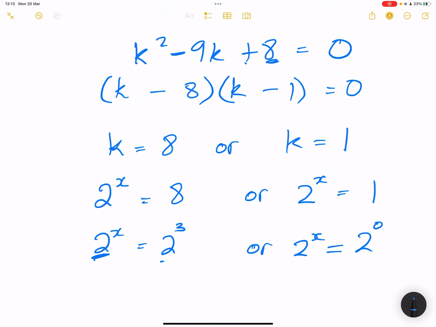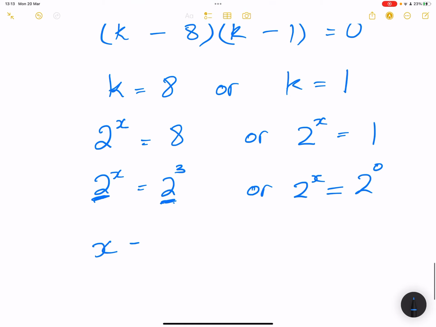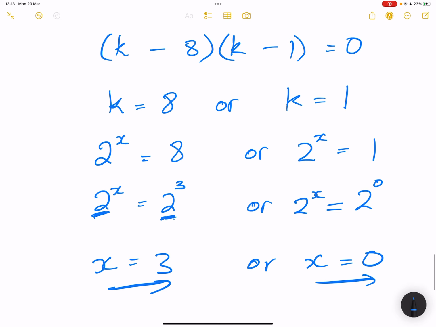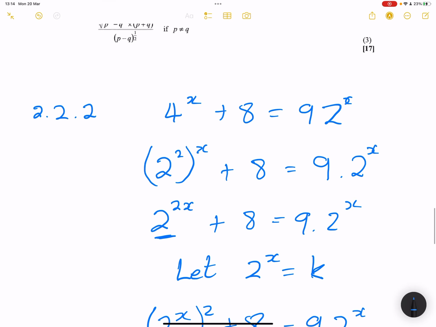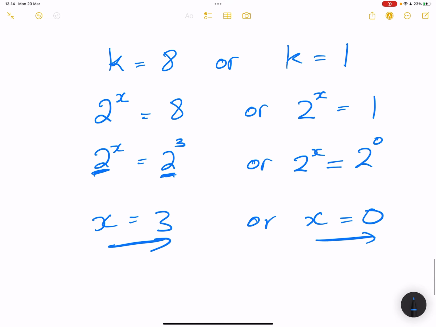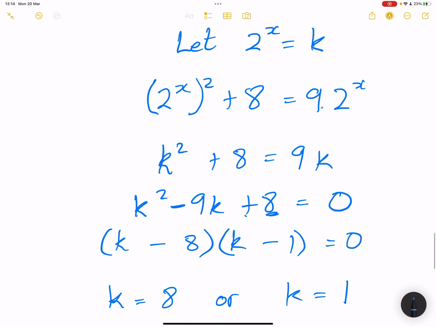So bases are the same, we can drop down the exponents. So x is equal to 3, or again, here x is equal to 0. Both answers are applicable. So therefore, that is our final answer.